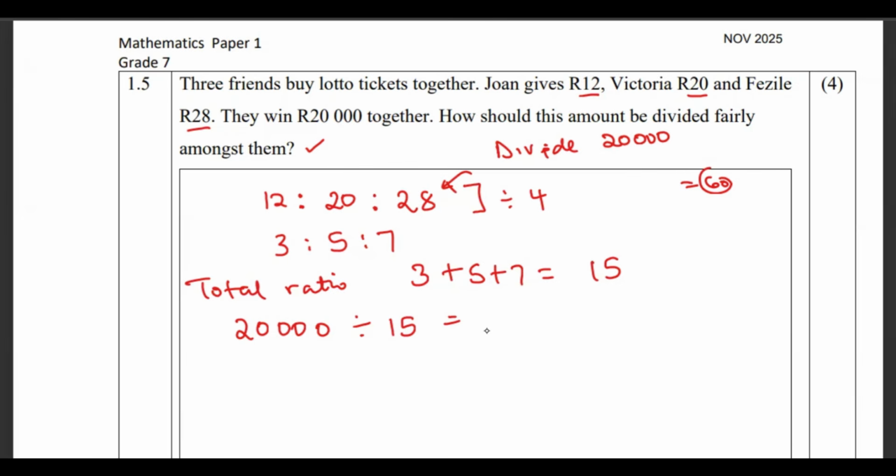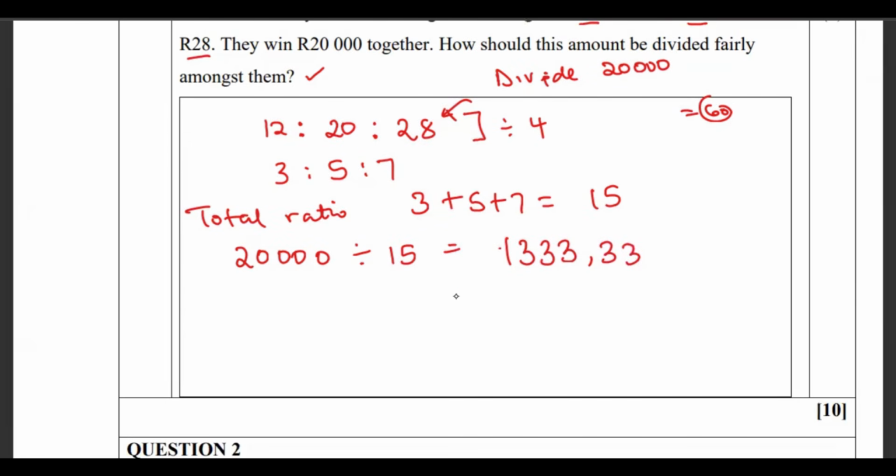If we use long division, it's going to be 1,333 with some remainders. Okay, I'll say 0.33. Then for John, the ratio is a 3 multiplied by 1,333.33 because there's a remainder of 1/3.